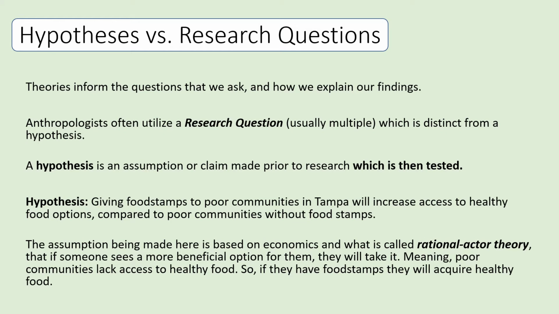But of course, the assumption being made here is based on economics and what is called rational actor theory. A theory, again, is a way of thinking about the world: that if someone sees a more beneficial option for them, they will take it, meaning poor communities lack access to healthy food, so if they have food stamps, they will acquire healthy food.